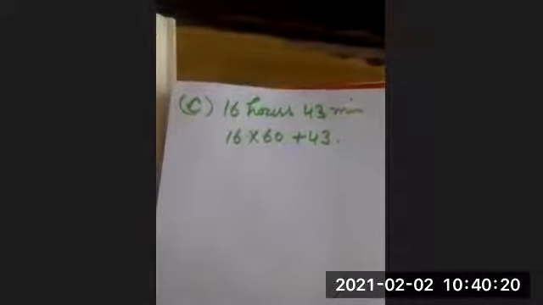This is part C. Yes, friends, see part C once again. 60 into 16 is 960, plus 43, that is 1003 minutes.